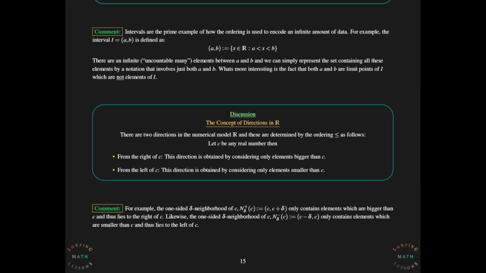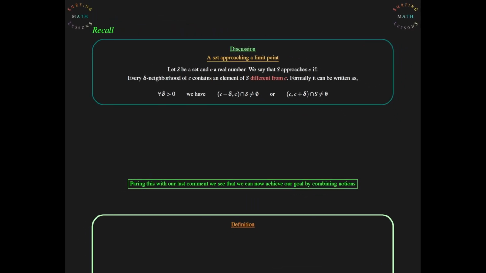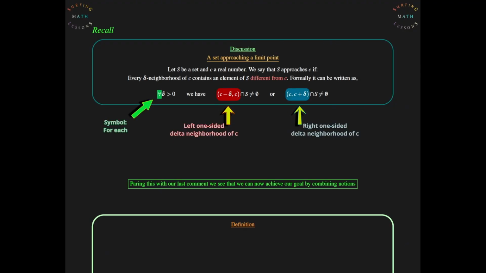Recall that a set S approaches a point C if every delta neighborhood of C contains an element of S different from C. Observe that since the point C must be excluded, the definition is equivalent to requiring that the set S intersects at least a one-sided delta neighborhood of C for each delta value.